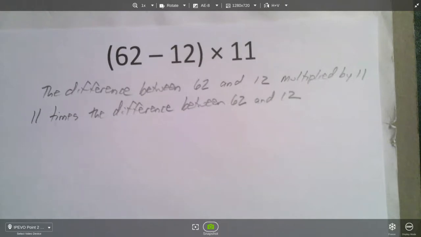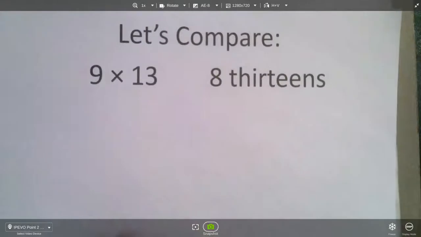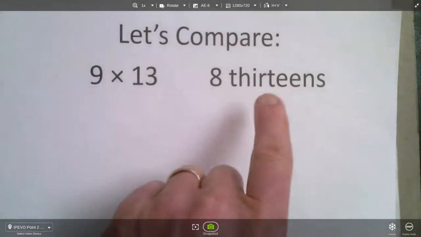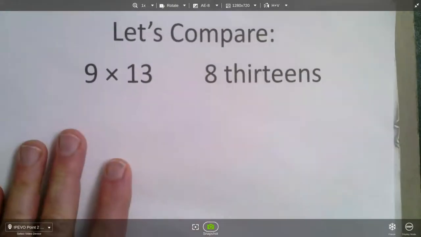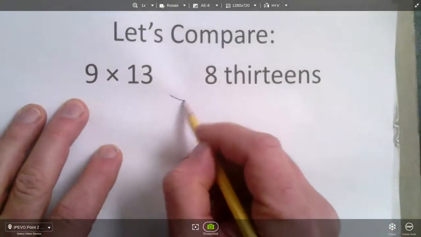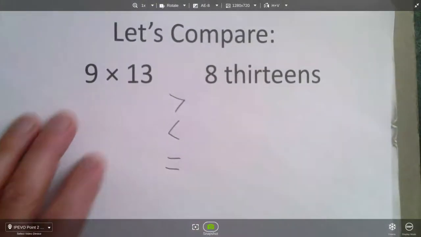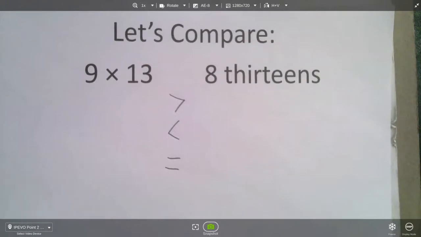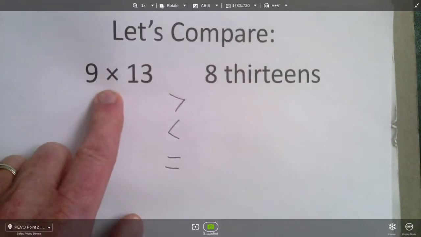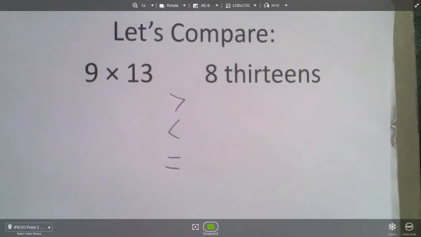We're going to look at these a little bit differently. Let's do some comparing. Let's compare a number form and a word form. Which goes in between? Which is bigger? 9 times 13 or 8 13s?